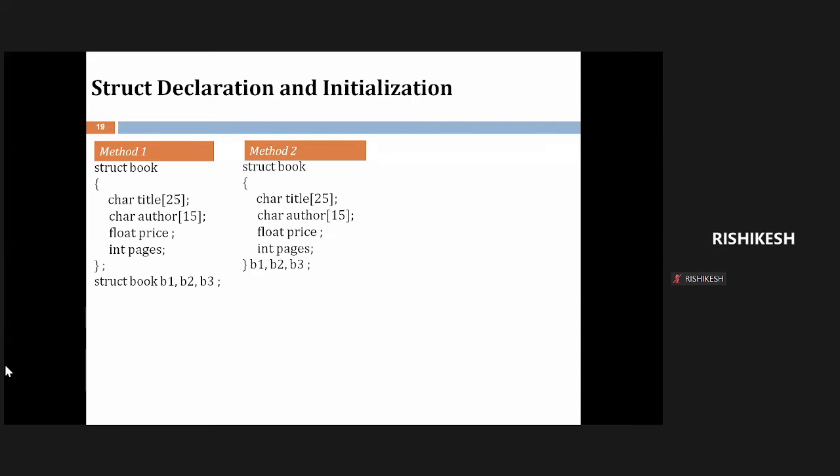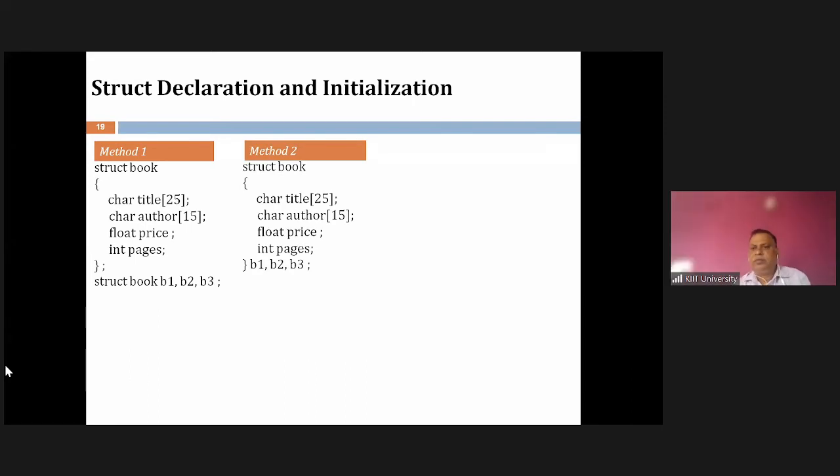Look at this. Another way, method 2. I can declare the variables at the same time when I define my structures, so that I need not write struct book. But this has a disadvantage. Structure definitions are normally defined before main, so these variables will definitely be defined before main.